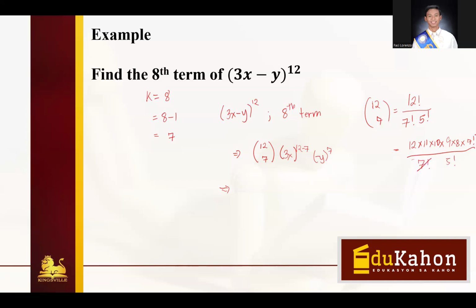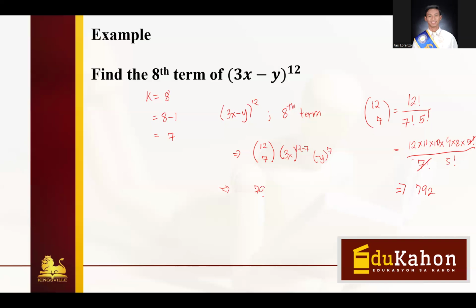So we cancel 7 factorial, and we compute 12 times 11 times 10 times 9 times 8 divided by 5 factorial. So this will lead to the value of 792, by using your calculator. So 12 taken 7 has a value of 792.